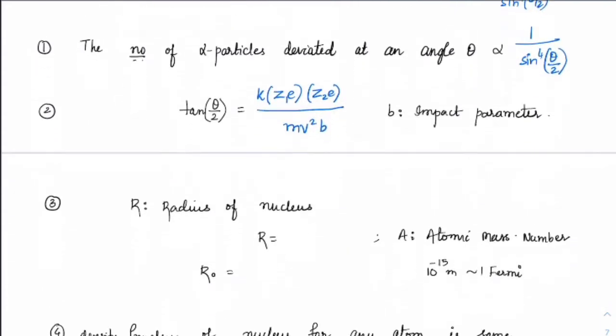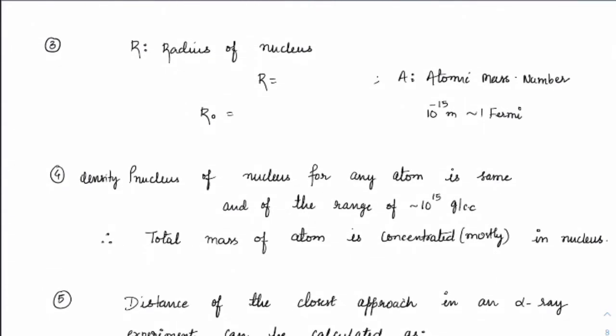Right. So there are two more important conclusions from Rutherford's model. One, he was able to calculate the radius of the nucleus, right? And that radius of the nucleus was R naught into A raised to power 1 by 3, where A is the atomic mass number. You are aware of what is atomic mass number?